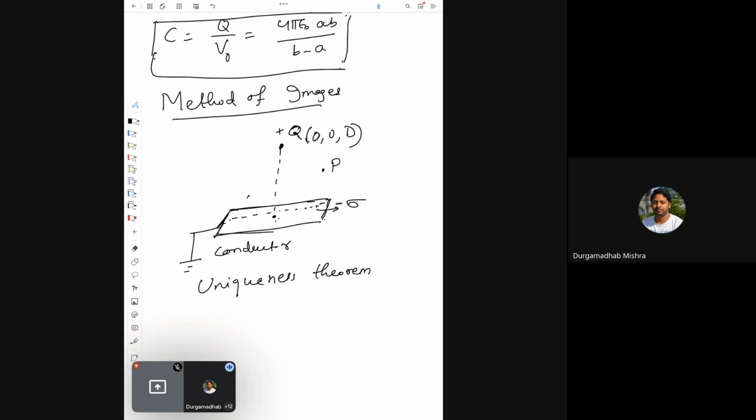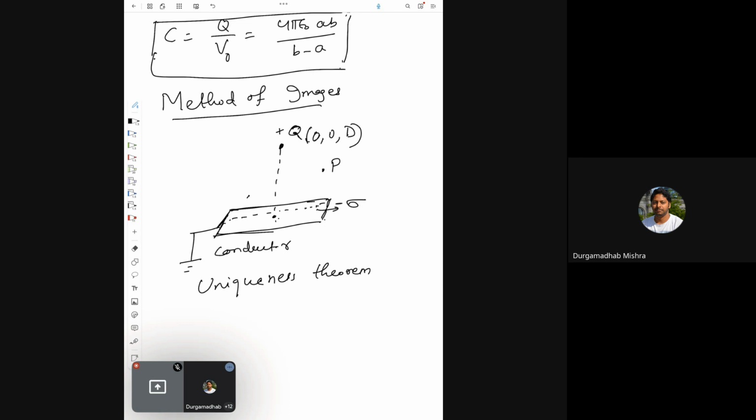It doesn't matter how the charge distribution is or what configuration you have. Now if you find a situation where the potential that you have written down satisfies a certain boundary condition, and this boundary condition is unique for that potential, then however you have found this potential doesn't matter.